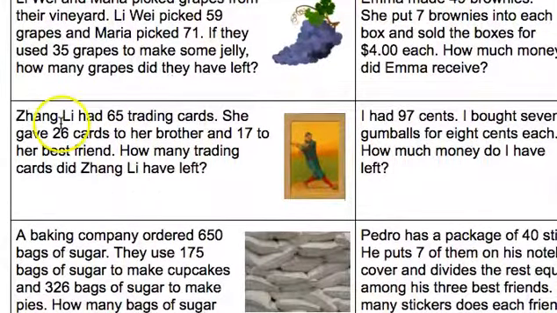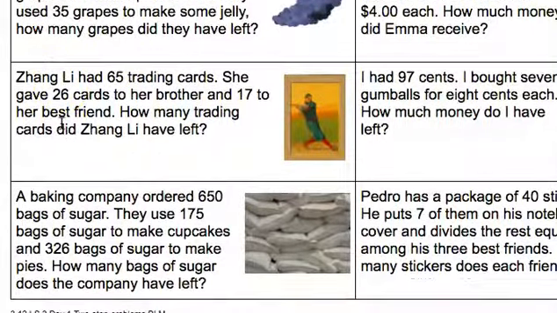Let's look at this problem. A baking company ordered 650 bags of sugar. They used 175 bags of sugar to make cupcakes and 326 bags of sugar to make pies. How many bags of sugar does the company have left over? Are there any equal groups here?